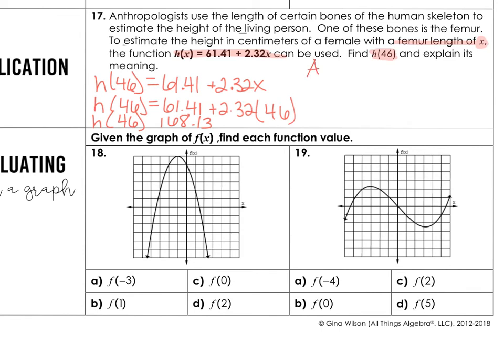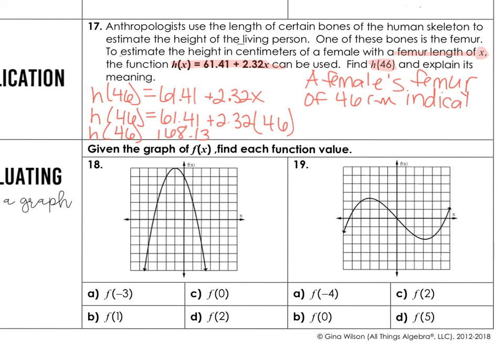So a female's femur of 46 centimeters indicates what? What does that equation let you know? How tall the person actually is. So it indicates she is 168 and 13 hundredths centimeters tall.